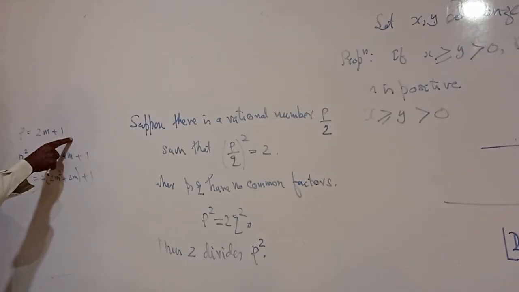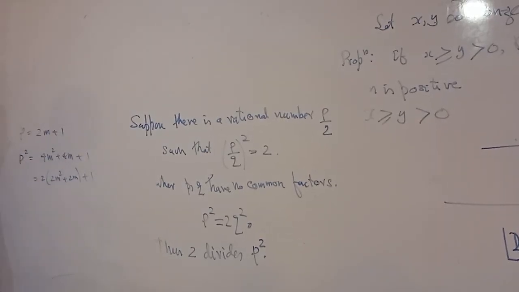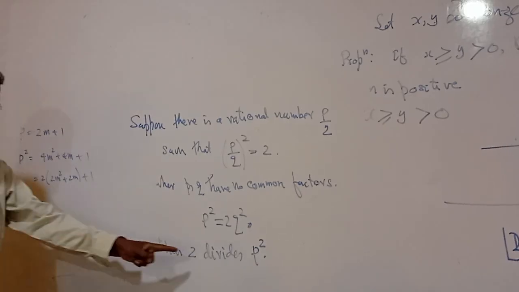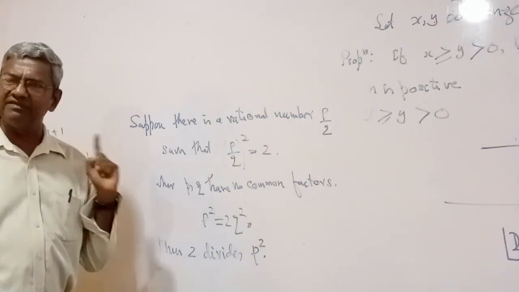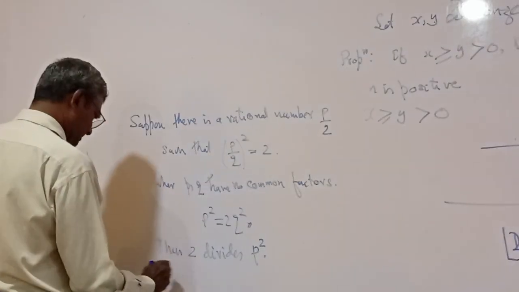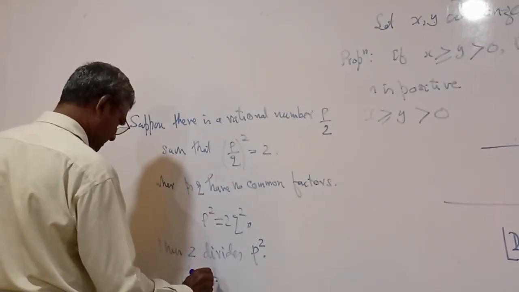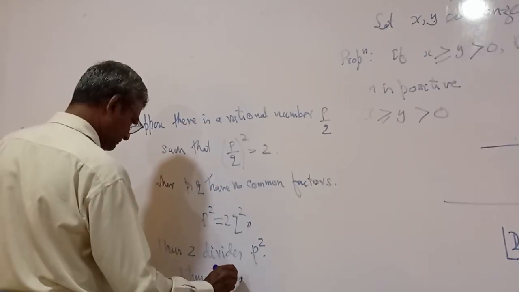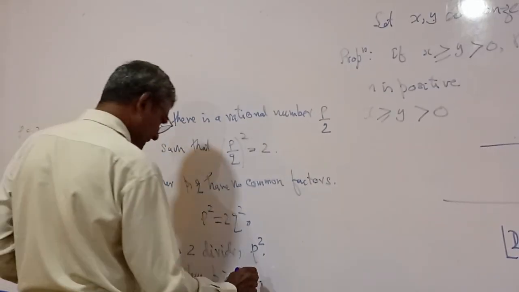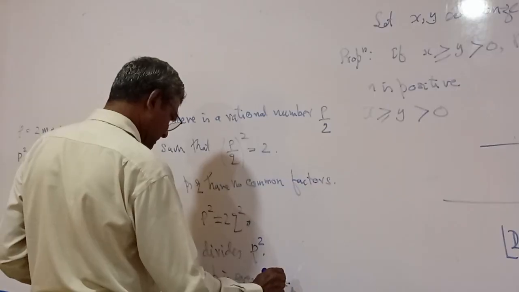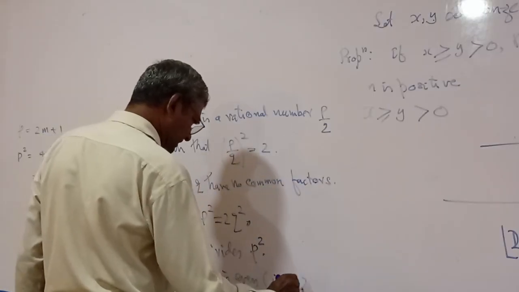If P is odd, then P squared is also odd. Therefore, here P must be even, that is, 2 divides P.